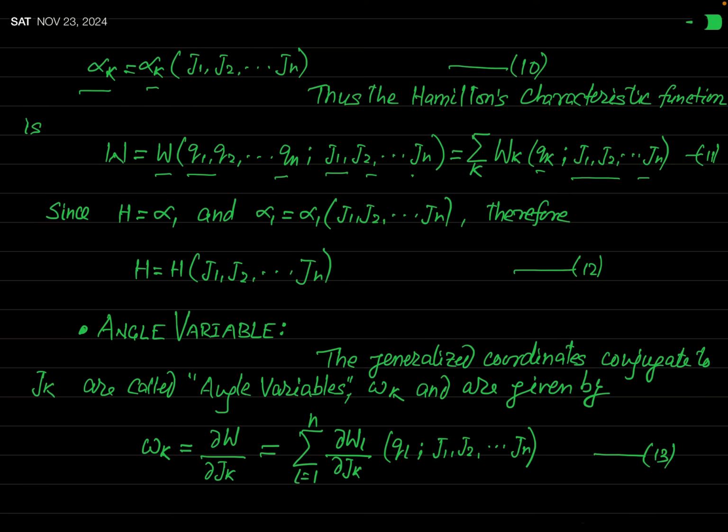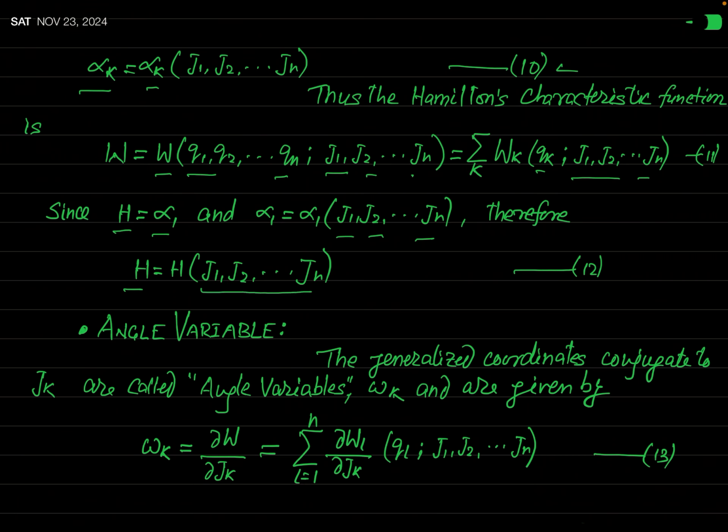But you know, in Hamilton-Jacobi theory this H is equal to alpha 1, and from equation 10 this alpha 1 is a function of J1, J2, and so on Jn. Therefore you can say that this H is actually a function of J1, J2, and so on Jn.